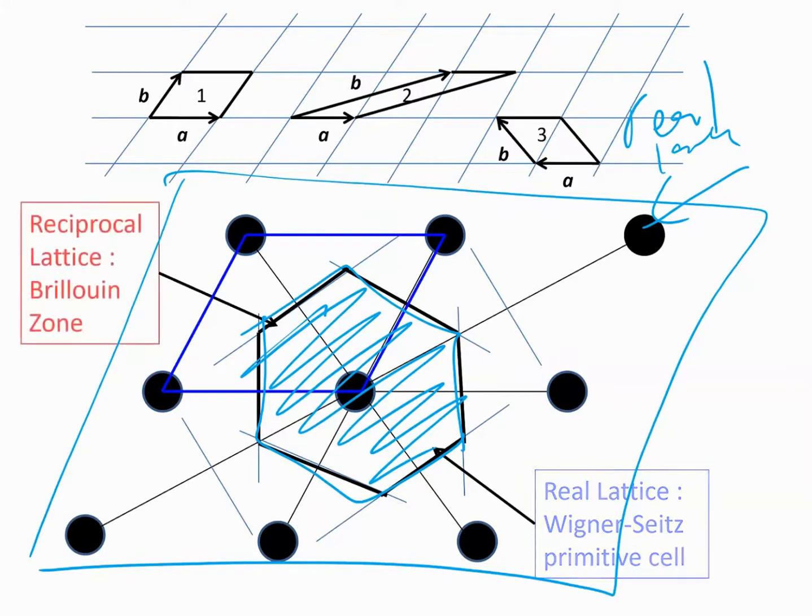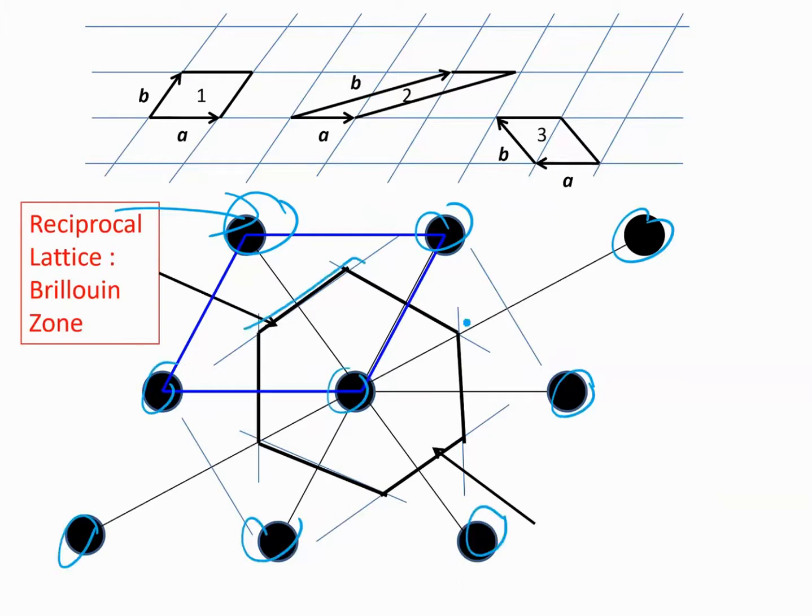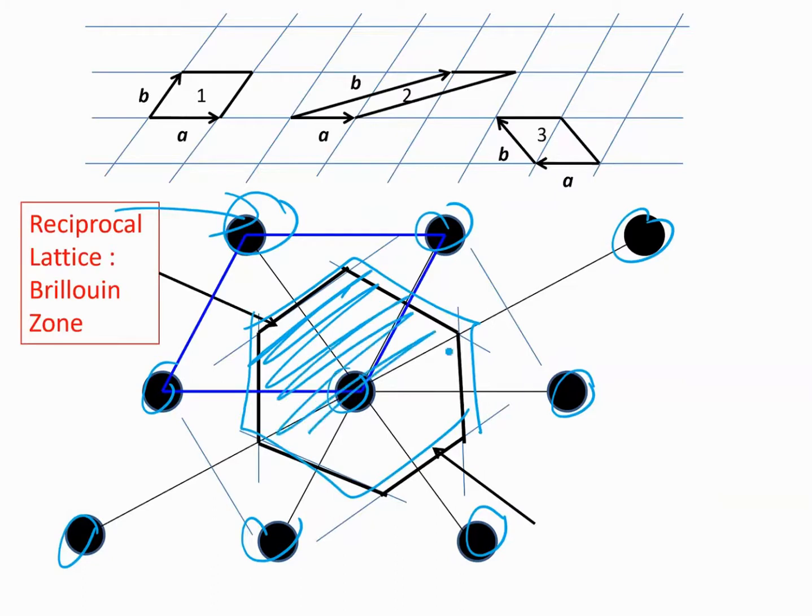However, if all these are the reciprocal lattice, then this would be the Brillouin zone. Okay, so the concept is very simple. When you draw on the real lattice using the same way, you get the Wigner-Seitz cell. When you draw on the reciprocal lattice using the same way, you get the Brillouin zone.